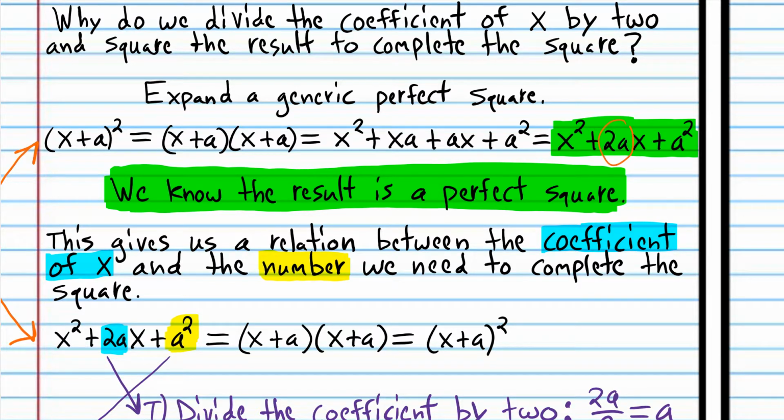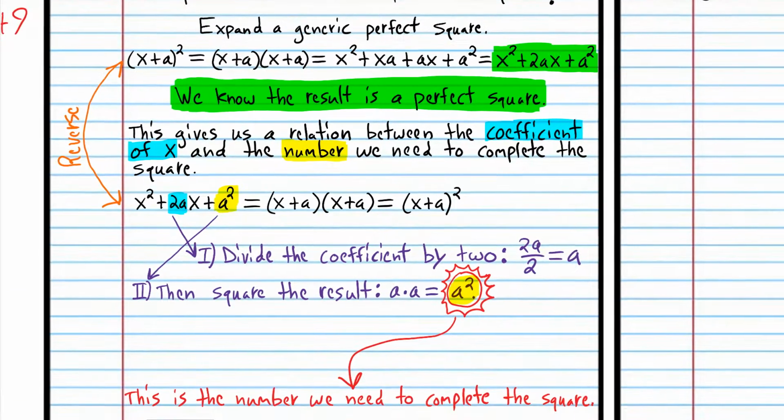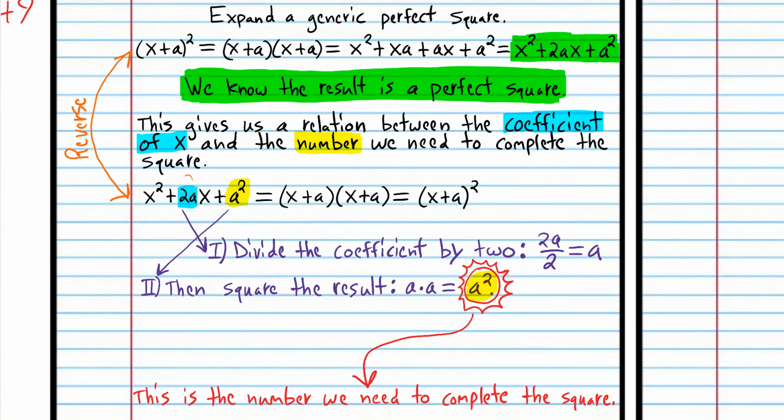Because if I take 2a and divide it by 2, I get a. That's this number over here. And then if I square it, that makes this expression, which is, again, a perfect square. So that's what this information tells us down here. In the blue, we have 2a, we divide it by 2, and then we square it to get the yellow.